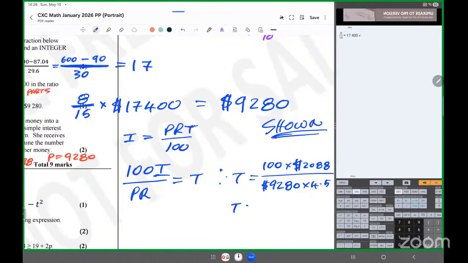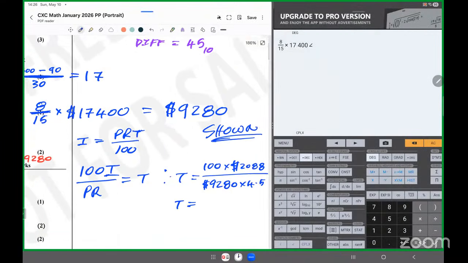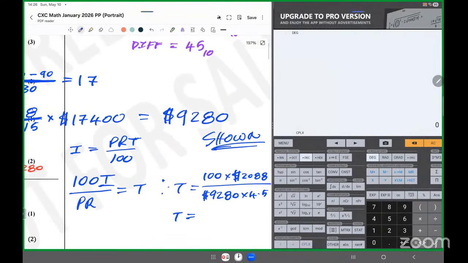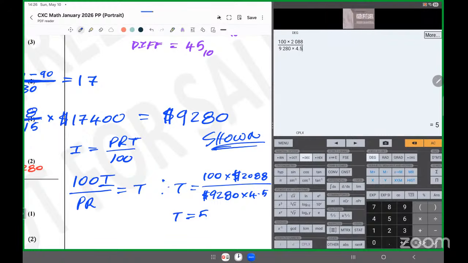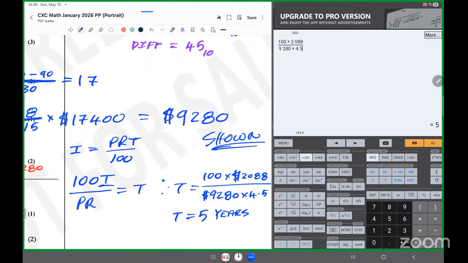Put that in the calculator and we get the time. And we put the word years there on the time. So the fraction 100 times 2088 divided by 9280 times 4.5 gives 5 years. If you leave out the word years, they might lose a mark.